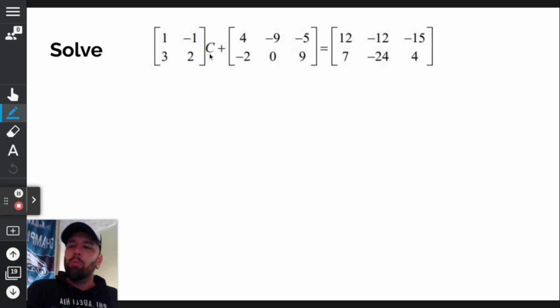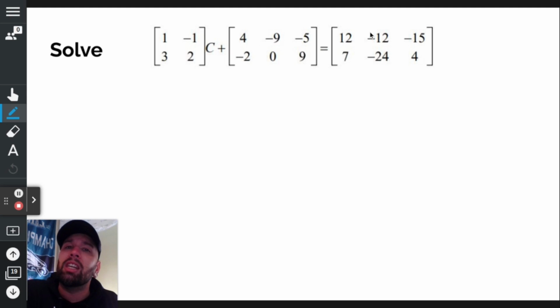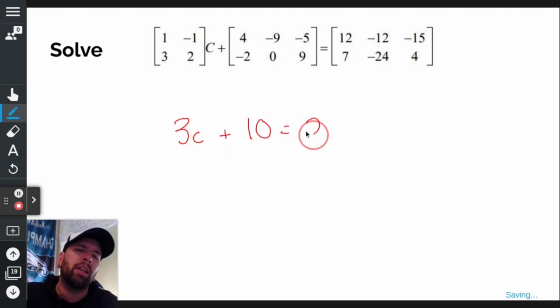Okay, so what this is saying is C is a matrix, and I'm doing a matrix times C minus a matrix equals a matrix. So I have to get C all by itself. And if you're looking at this and thinking, this kind of reminds me of a problem in class where I'd just subtract 10 and divide by 3.